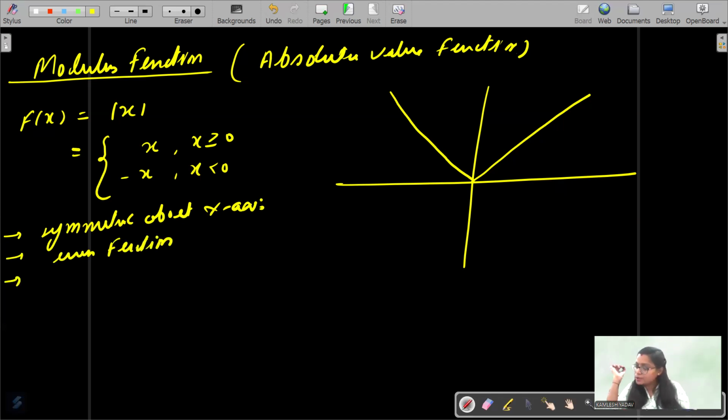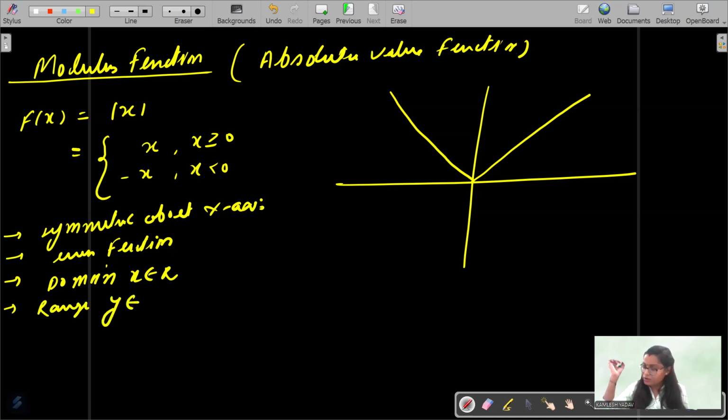And also for this graph, the domain is x belongs to R, because our curve lies over all of R. About the range, the range y belongs to [0, infinity). Okay, because our curve opens upward, that's why the range is y belongs to [0, infinity).